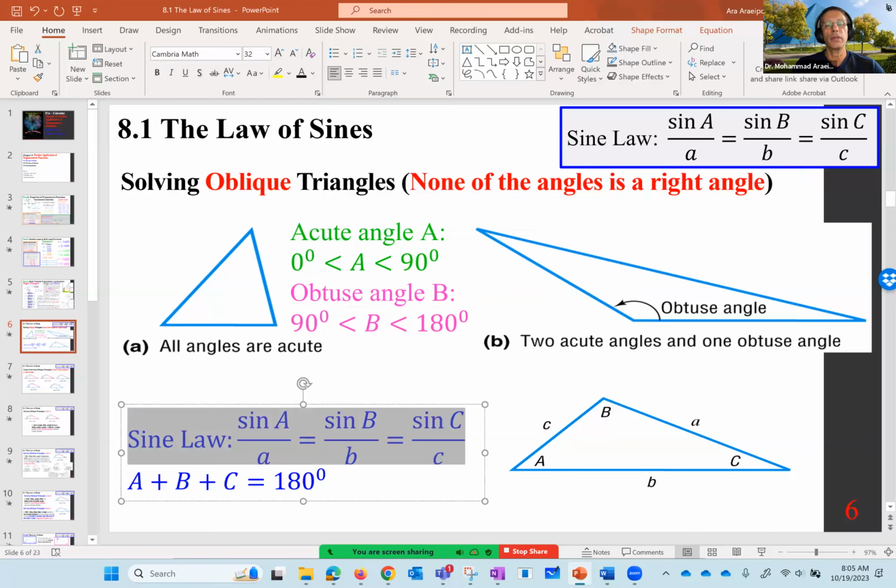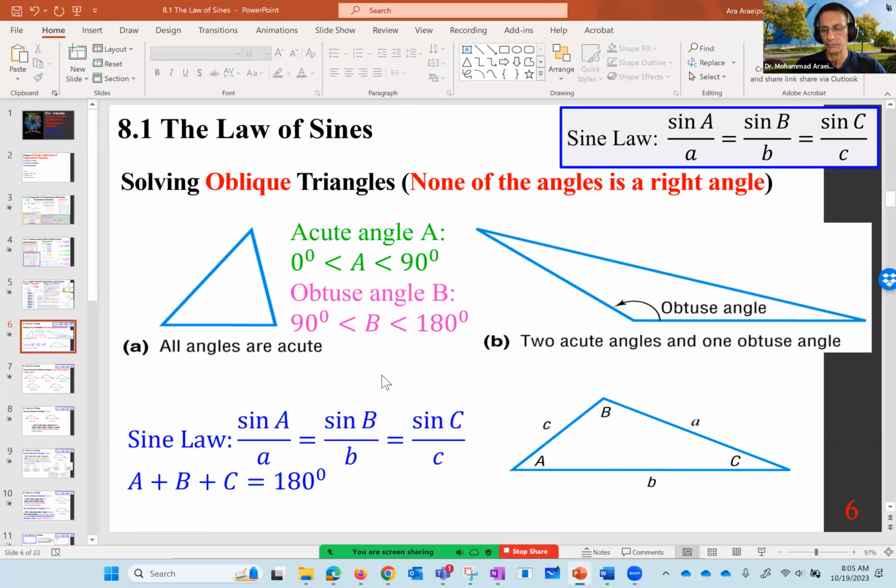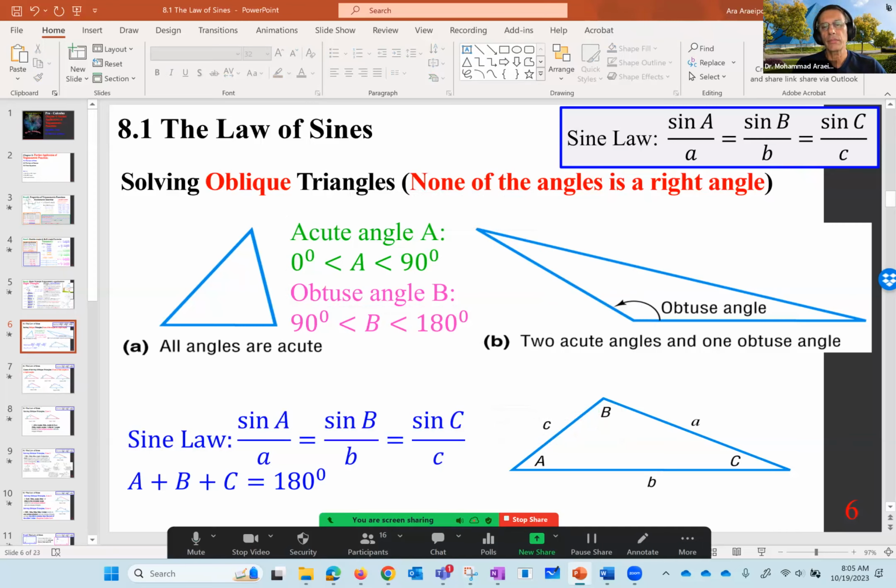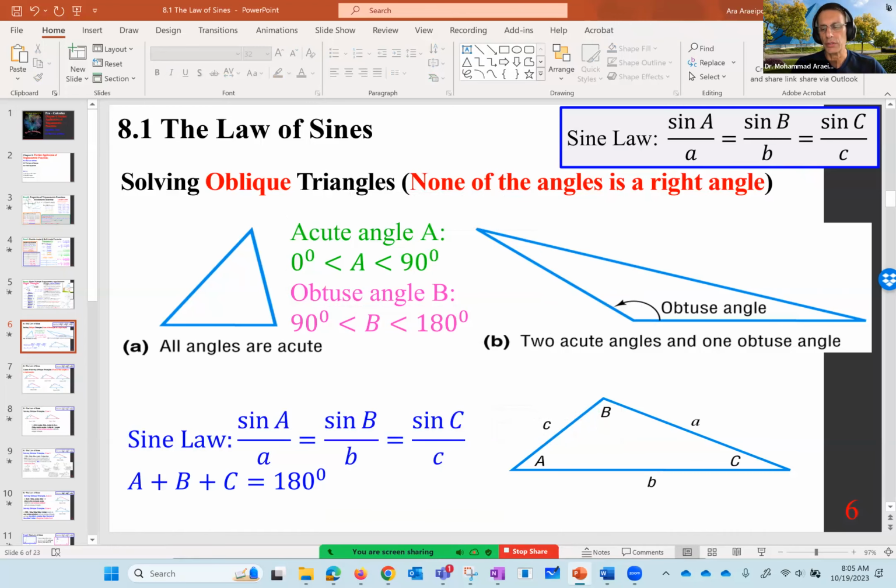Here's the sine law. Basically, the ratio of sine to the opposite side is the same for all vertices. A, B, C are called the vertices, and across from it, we go with the lower case, which represents the side.